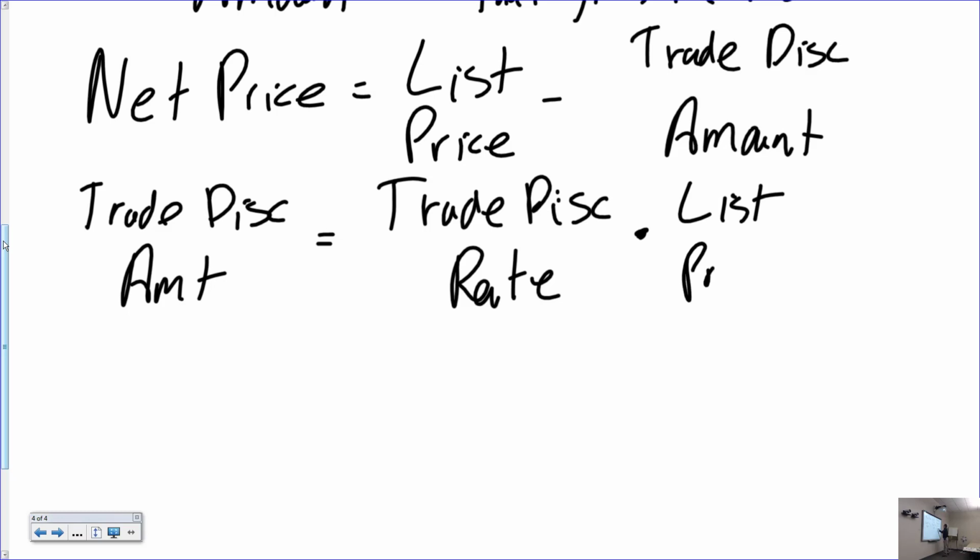And note that the discount is always a percentage of whatever the list price is. Okay? So they are going to say, you're going to sell it for this much money. We're going to take a percentage off of that amount and make you pay us that much for it. The difference between those two, your profit, right?